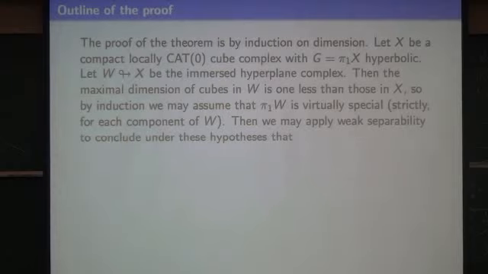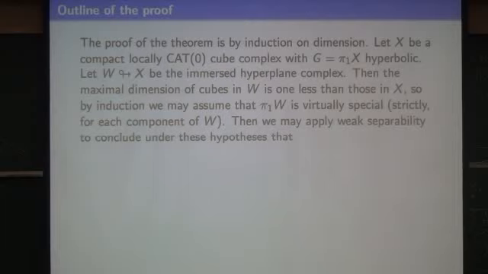So the two-dimensional case, I guess, would be the first non-trivial case. There, the hyperplanes are one-dimensional. So if you had a CAT(0) square complex, its hyperplanes are graphs, and so those are known to be special already. So the base cases are kind of trivial here.